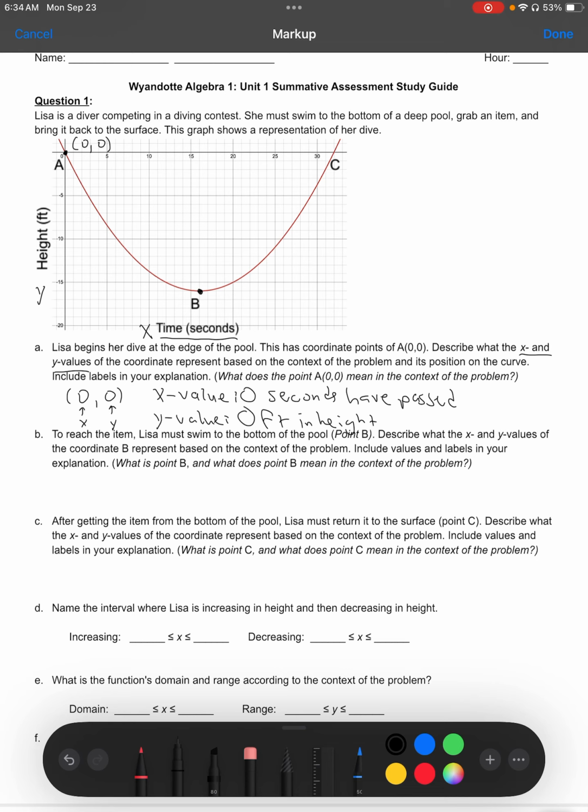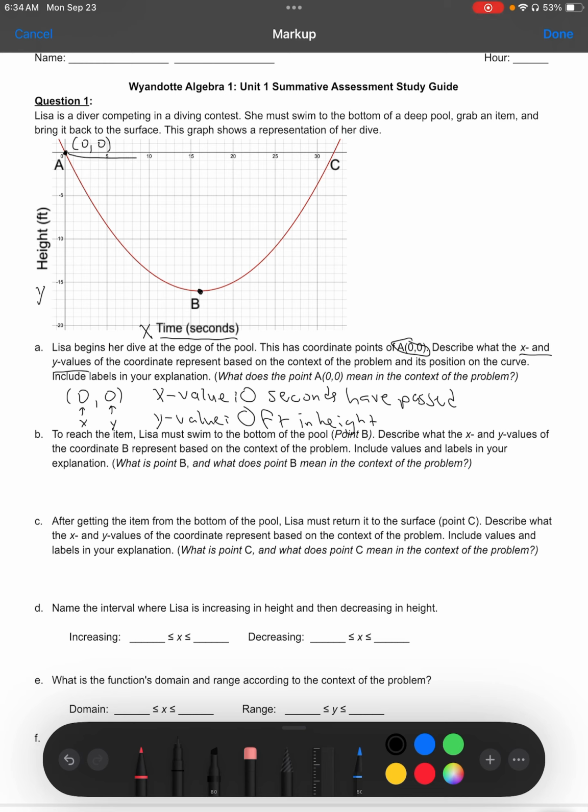So this question is essentially asking the same thing that question A did, except in question A it gave us that the point was 0, 0. For B, it's asking us to first find the point. So we need to find point B and then say what those values mean. The point B looks like it is 16 to the right.